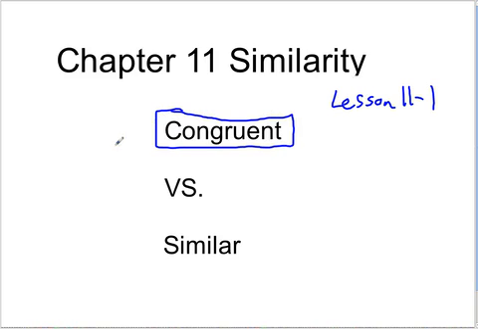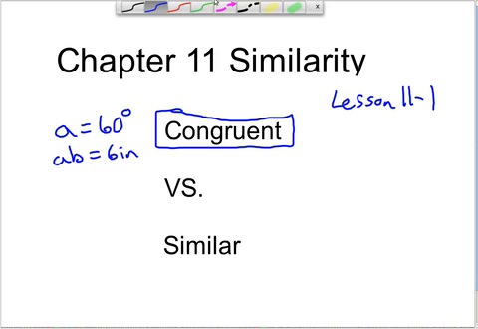So we have found that an angle measure is equal to 60 degrees, or perhaps a side length, maybe side AB, is equal to 6 inches. In other words, it's always equal. And so we've been stuck in this way of thinking about always something being equal to something else.